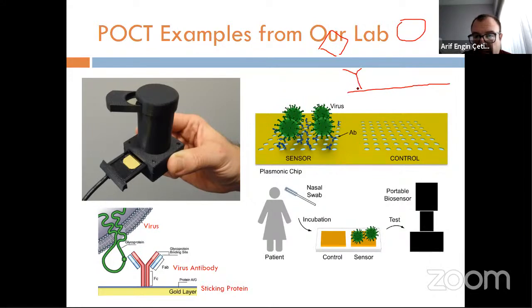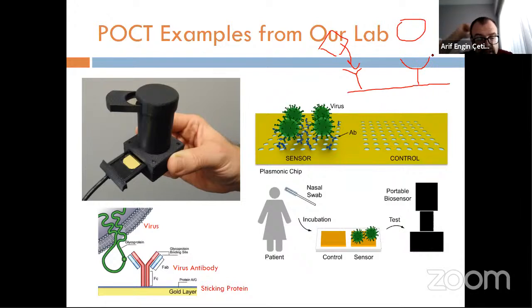The ligand is a biomolecule with a high affinity to the targeted analyte. If you want to detect this biomolecule, you have to cover the surface with this ligand. If you want to detect this one, you have to cover the surface with that ligand.